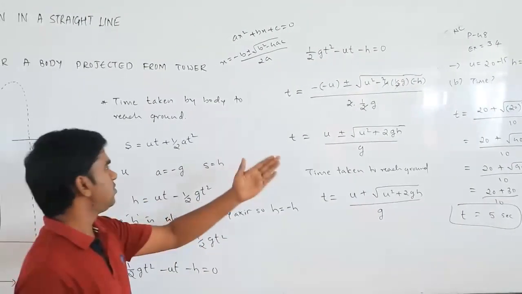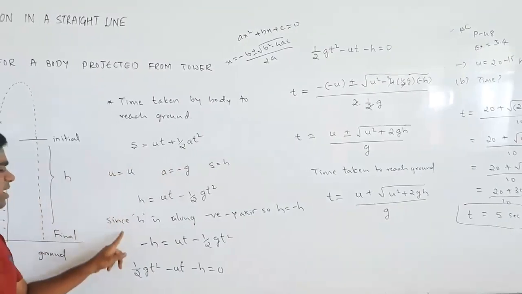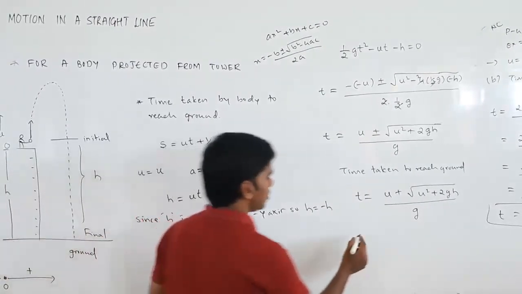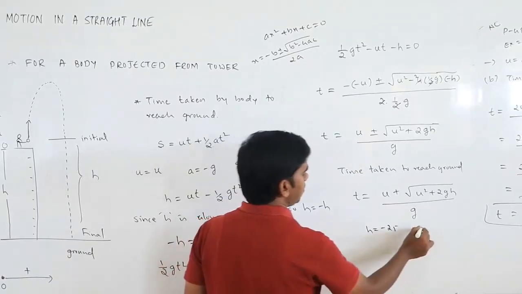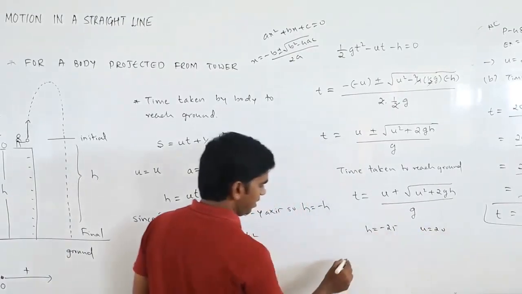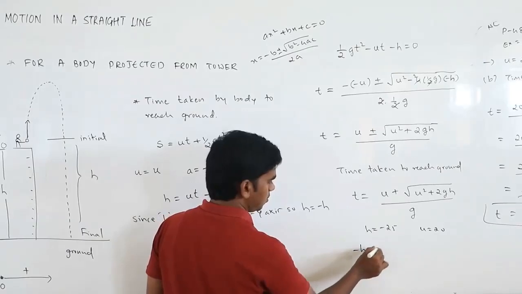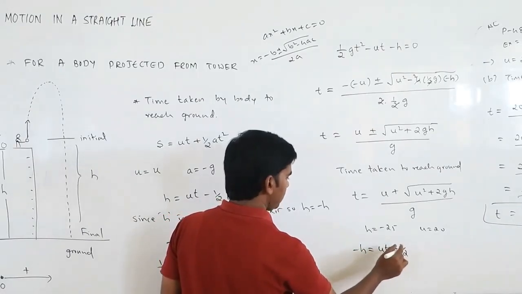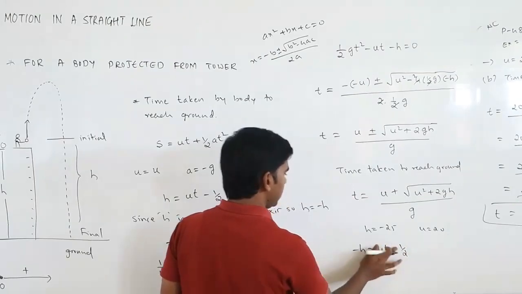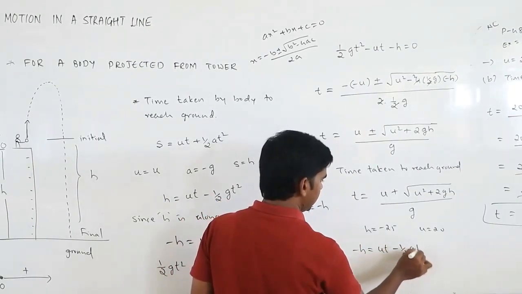You can take h. So substitute here h equals to minus 25. I will do that also. So if you take h equals to minus 25 and u equals to 20, simply you can write minus h equals to ut plus or minus half gt square.